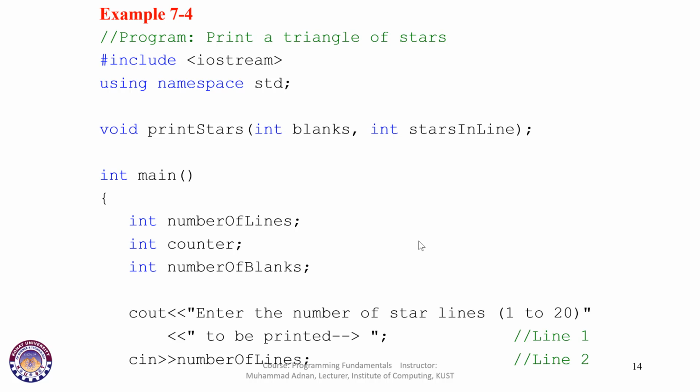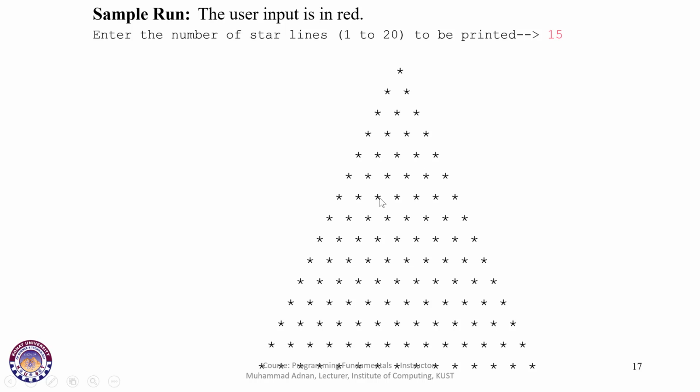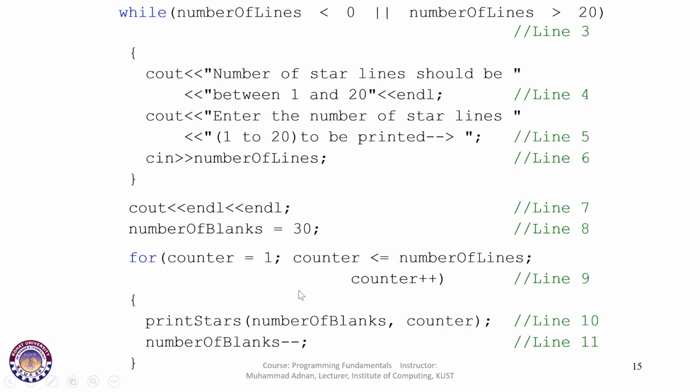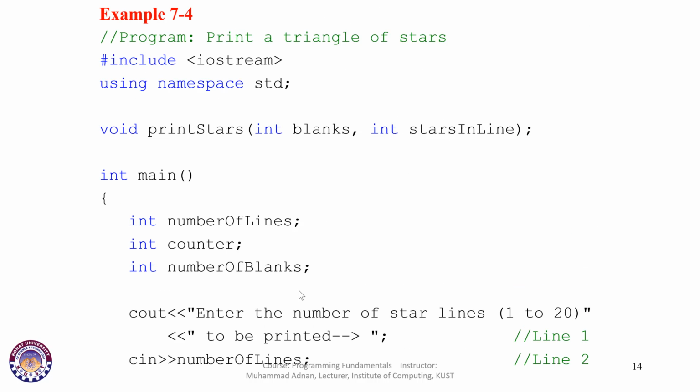So we are going to print this pyramid or this triangle. With that we have the main function. I'm going to discuss it briefly, and then inshallah in the next part of the lecture I'm going to discuss it in detail. We have three variables: number of lines, counter, and number of blanks.